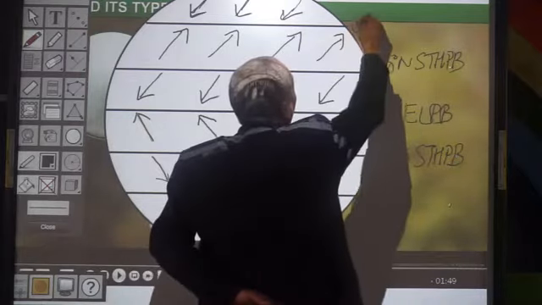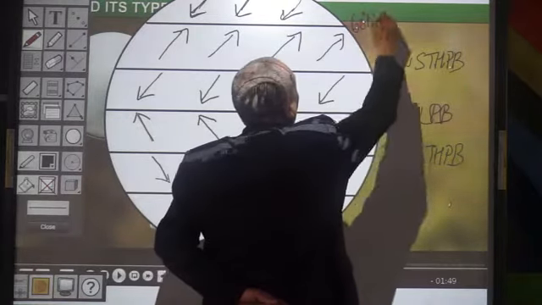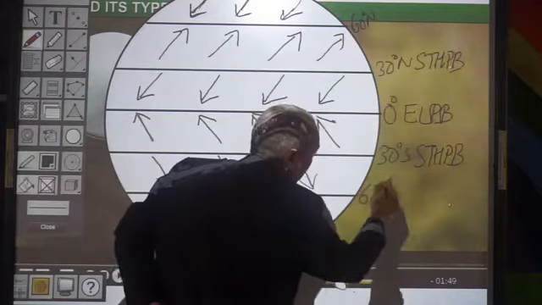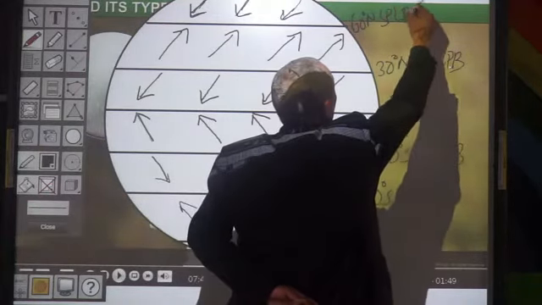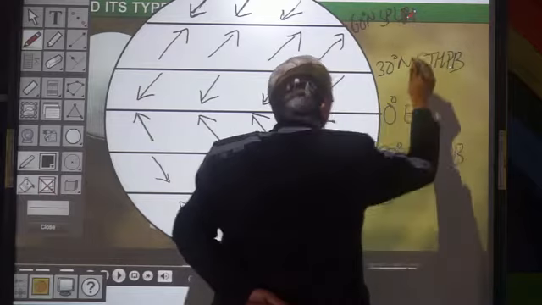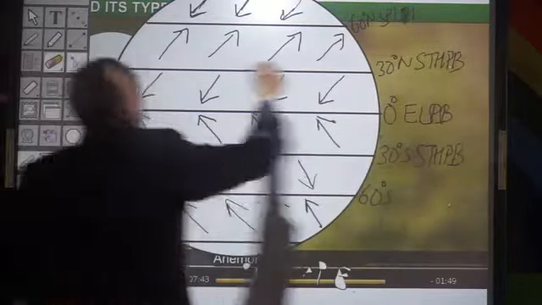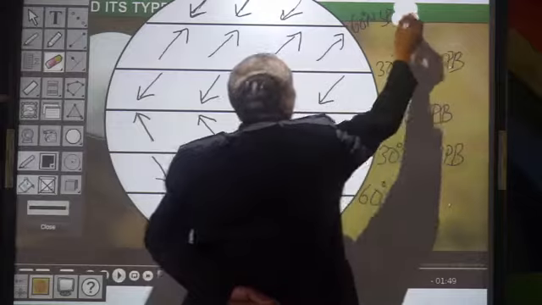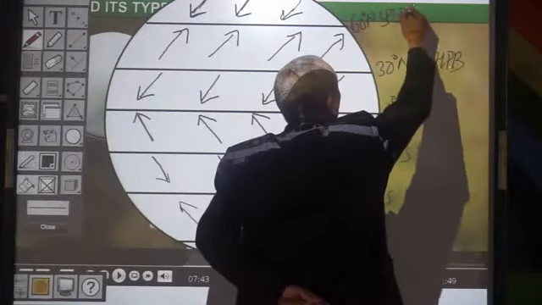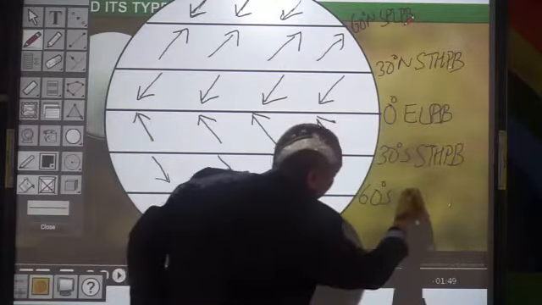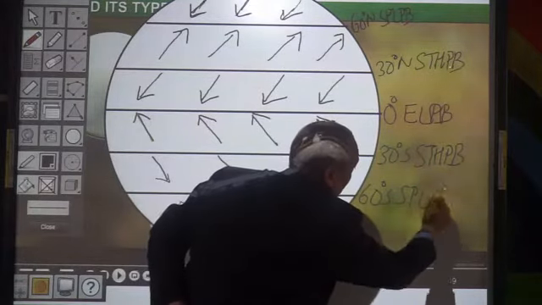This is 60 degrees north, 60 degrees south. This is the subpolar low pressure belt. Here also we have the subpolar low pressure belt.